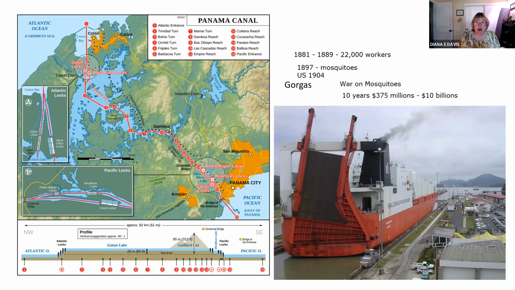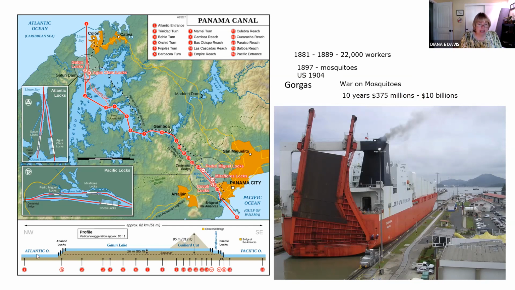We also have to have locks. These are not locks like locking the door. This is an area where the ship goes into the lock. You shut the gates at both ends of the lock, and then you can change the water level, because if you're going from the Atlantic to the Pacific, the land is above sea level.